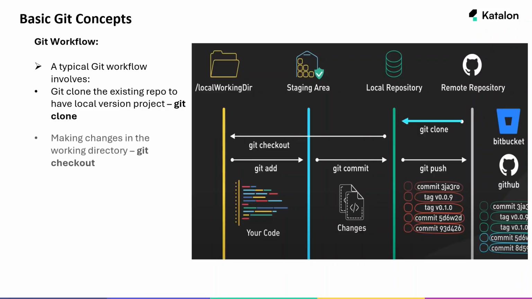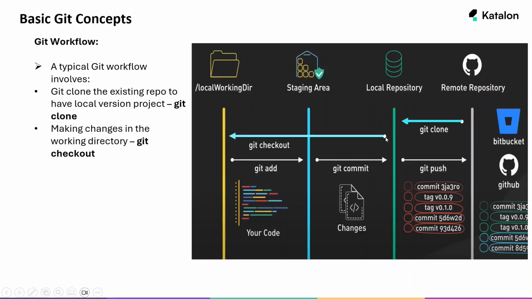And then you're going to start making changes in your local working directory by using the git checkout command. So if you see here, you are checking out your local repository to work in your local working directory.